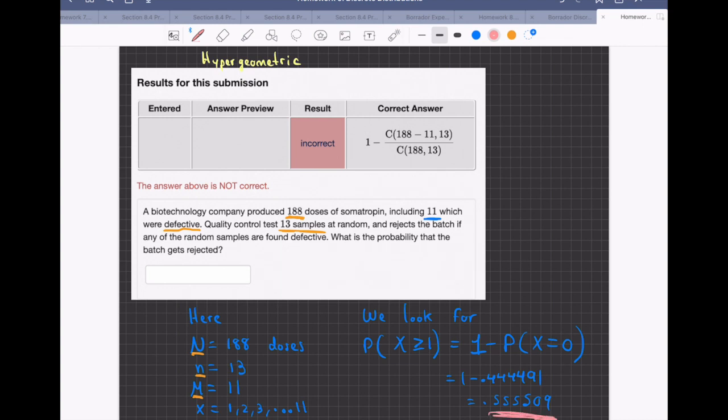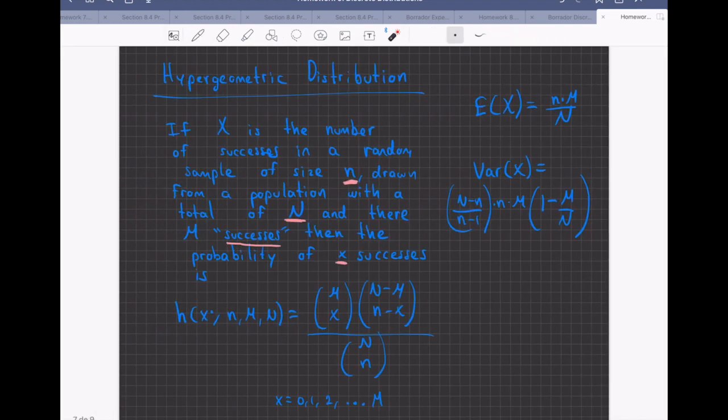But notice, where is the given answer coming from? The answer should be the same. They are computing here 1 minus the probability of zero defective, but by using this formula.